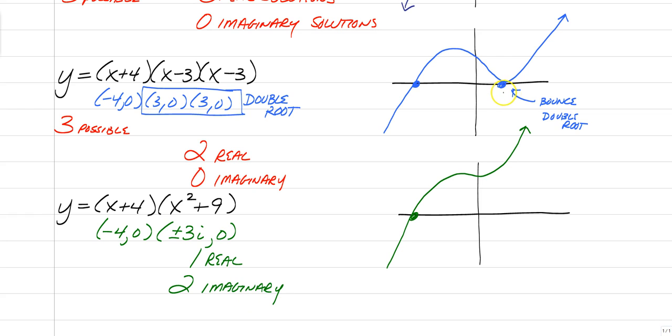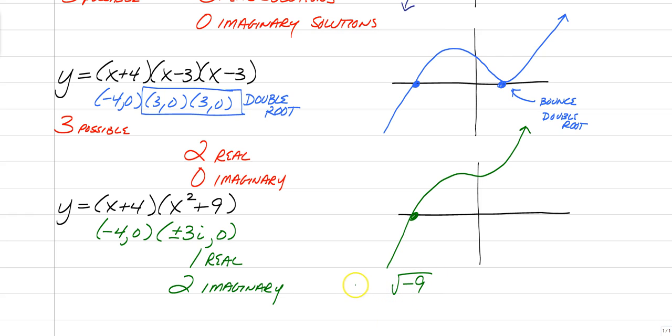Now, why does the previous one not have an imaginary if it only has 2 real? Because this, again, is a double root. 3, 0 happened twice when you solve it algebraically. And the other thing you need to know, and write this down, imaginary numbers will always come in pairs. You will never have an odd number of imaginary solutions, because imaginary solutions will always take place when you are taking the square root of a negative number.